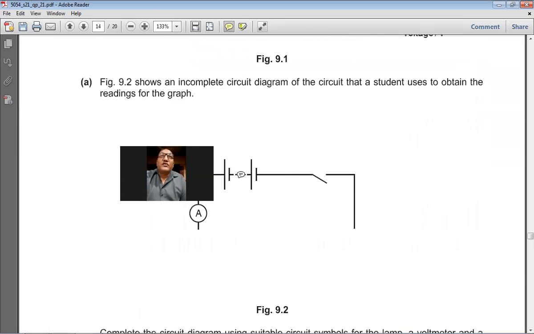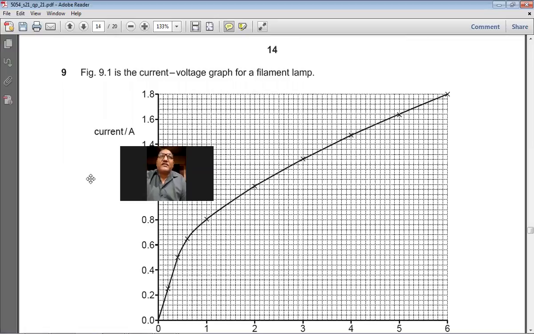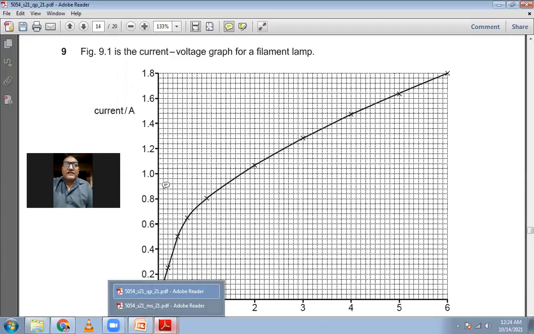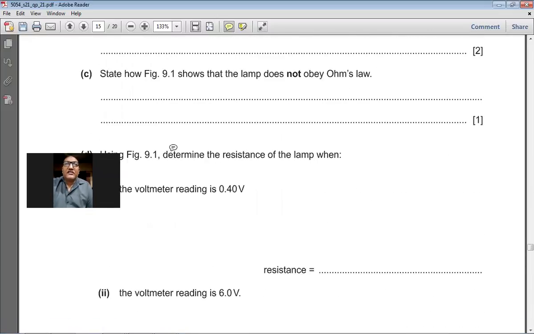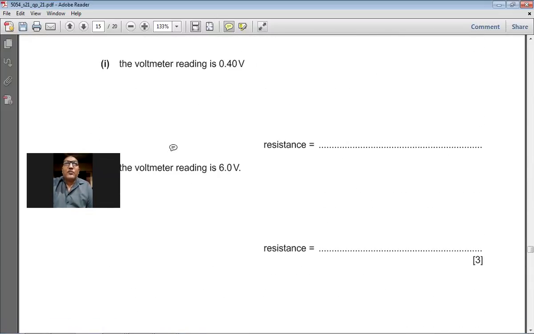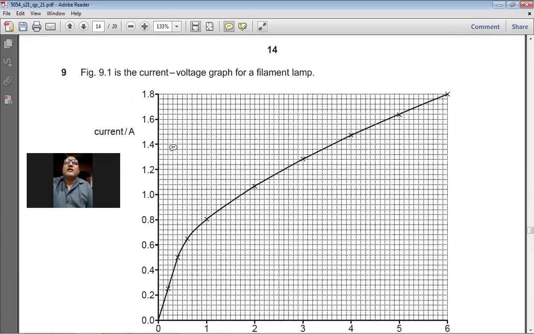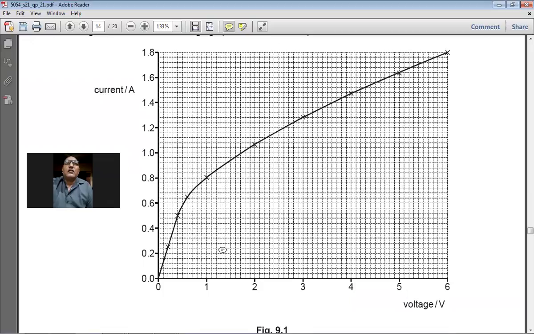So we will go to the graph. 0.4 volt: 1, 2, 3, 4. From here you go up and check what's the reading.